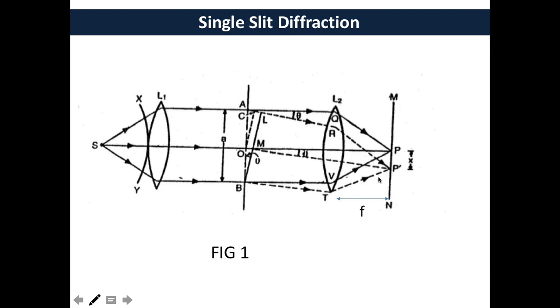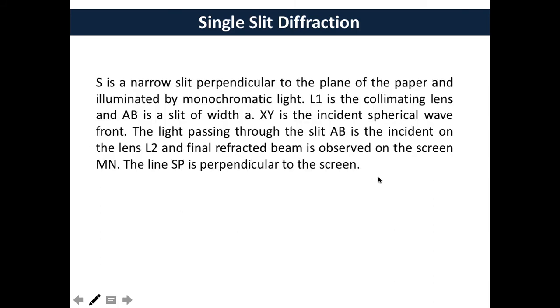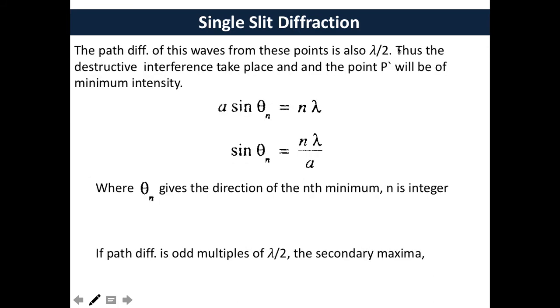Thus the condition is a sin theta n is equal to n lambda for destructive interference, where theta n gives the direction of the nth minimum, n is an integer.